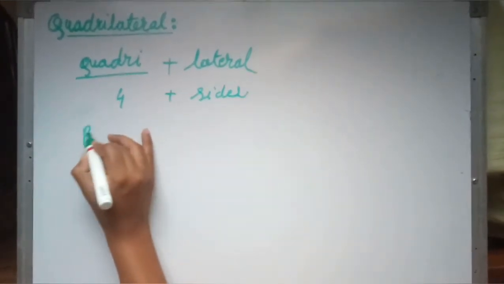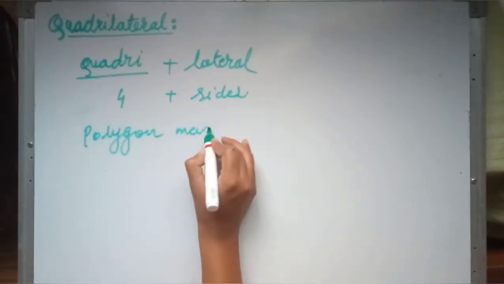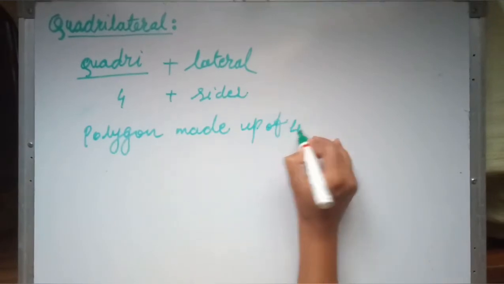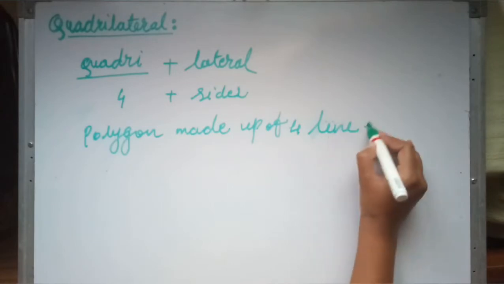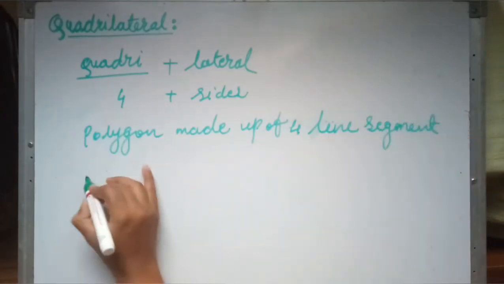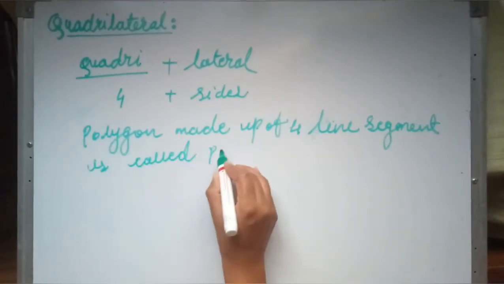Means the polygon made up of four line segments is called a quadrilateral.